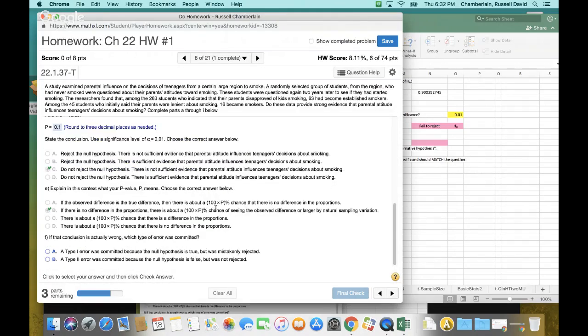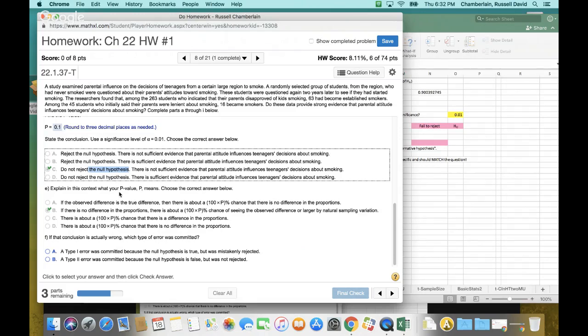Okay. So we were talking about error types on Friday, but a type 1 error is, I just do not want to get this wrong. A type 1 error is when H naught is in fact true, but you rejected it.